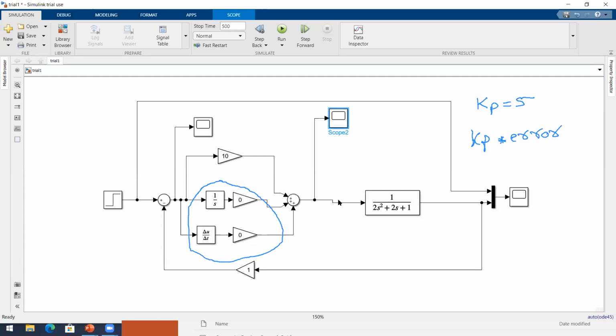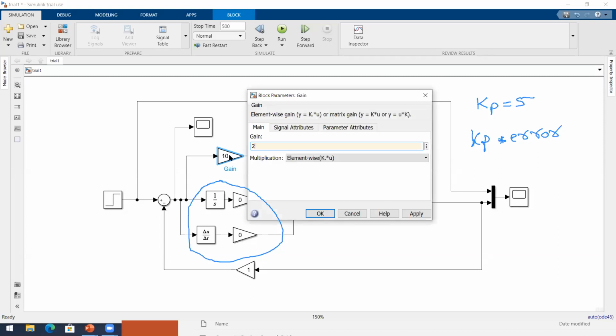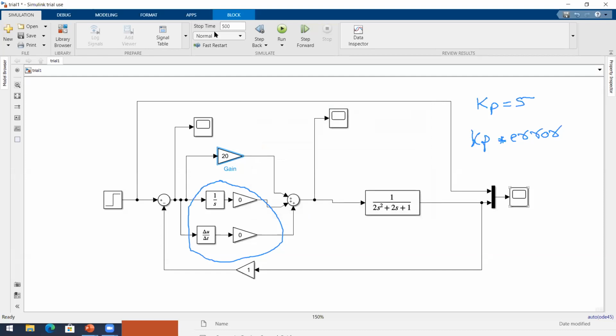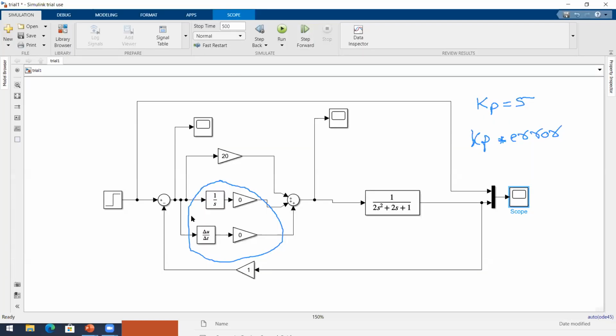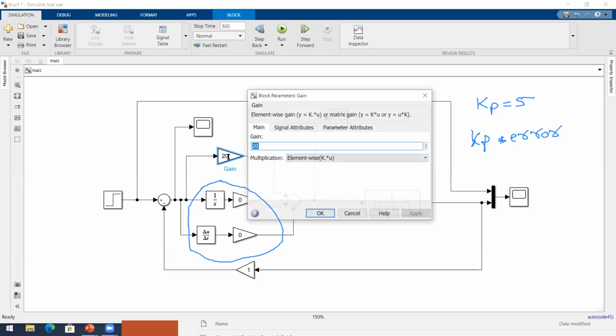Clear? Now I'll change this to say 20, then apply and run this. It's say 0.95. I'll change it to say 100, gain as 100, then apply.